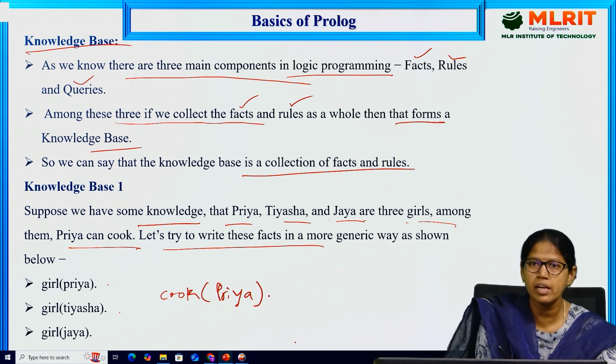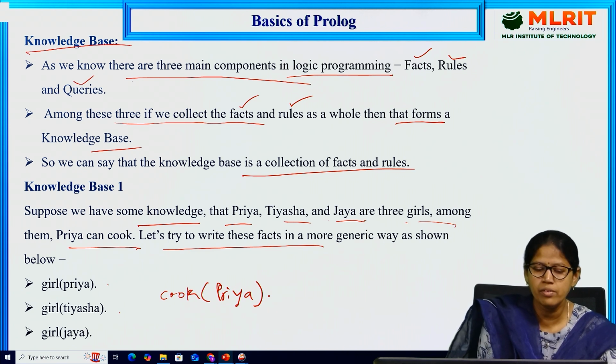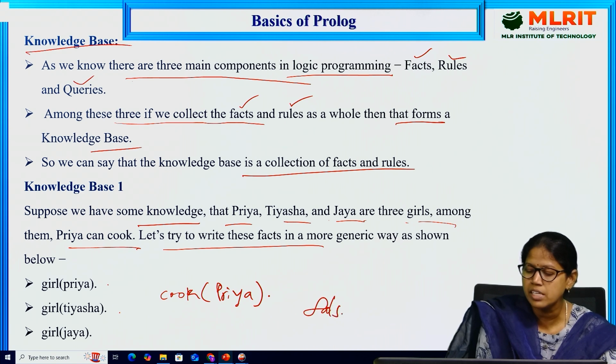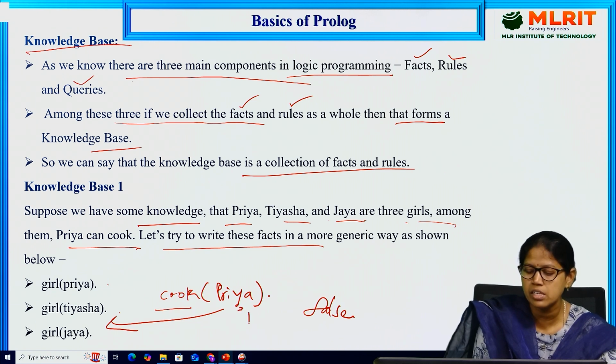So we'll write all this into the database in the .pl file and post the query into SWI Prolog. It will give the answer girl Priya true, girl Tiyasha true, girl Jaya true. For a fact we have not written, it will give false. When we ask the question cook Priya, it will return true because we have written cook Priya.